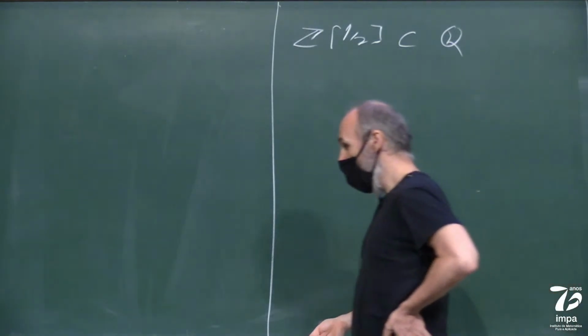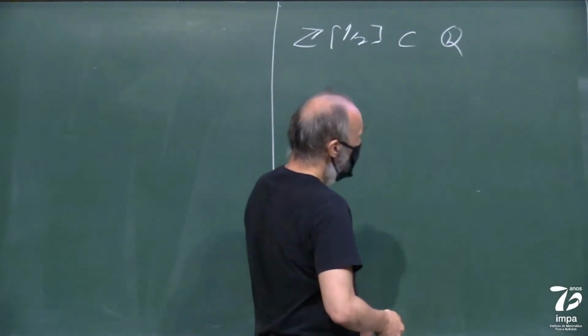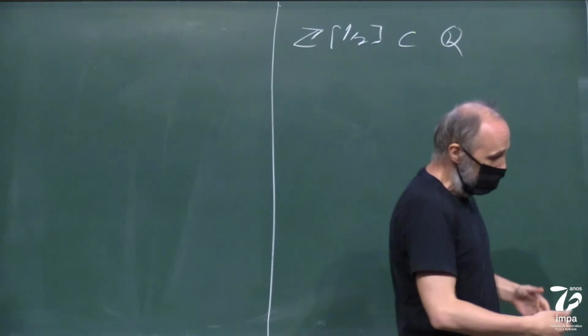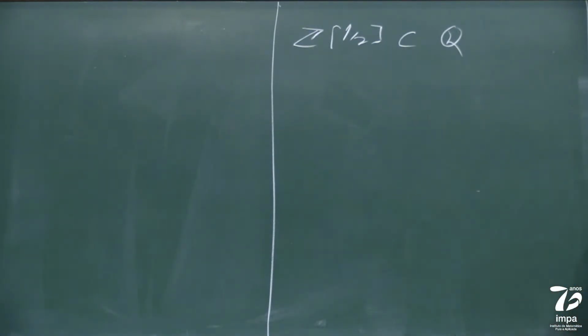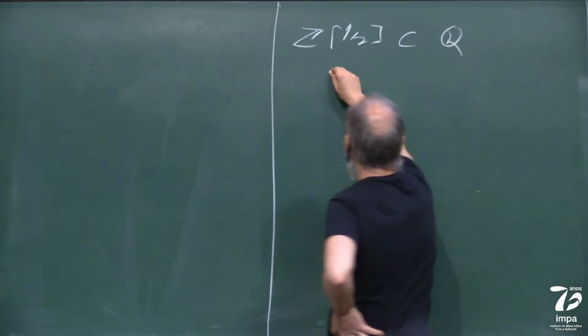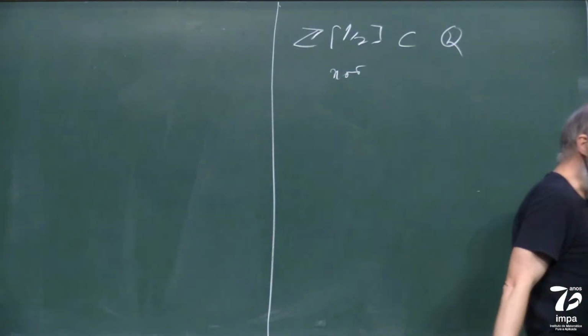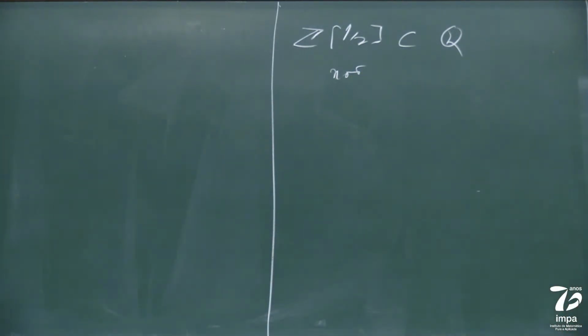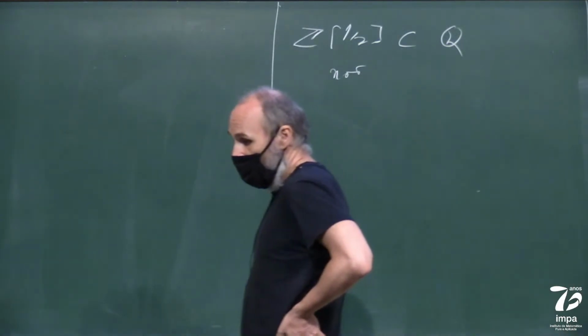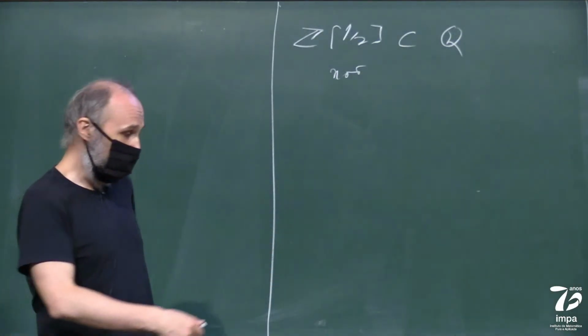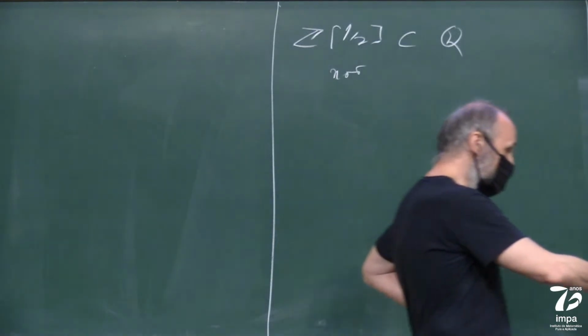It can be generated by one or several elements. So for instance, suppose it's generated by a number of elements, then all denominators in this submodule are bounded from above, because they would all be expressed through the denominators of the generators.